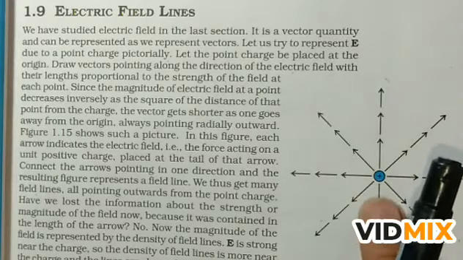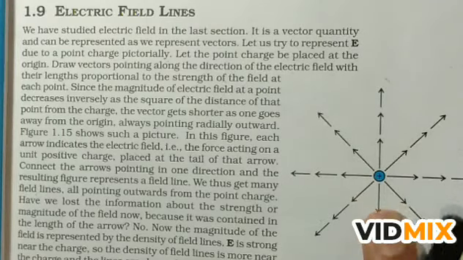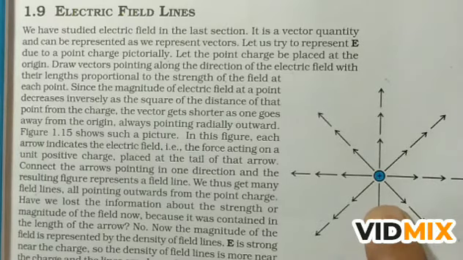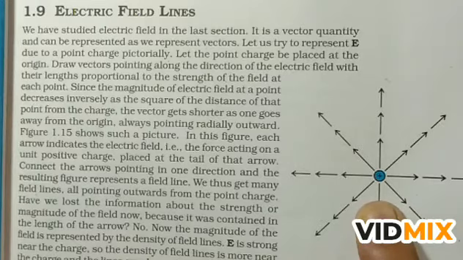As we move away from the charge, the field gets weaker and the density of field lines is also less. So where the lines of force are more, the electric field intensity, or the magnitude of electric field, is more there, and where the electric field lines are farther apart, the density of field lines is less. So we can say that the electric field is less there.